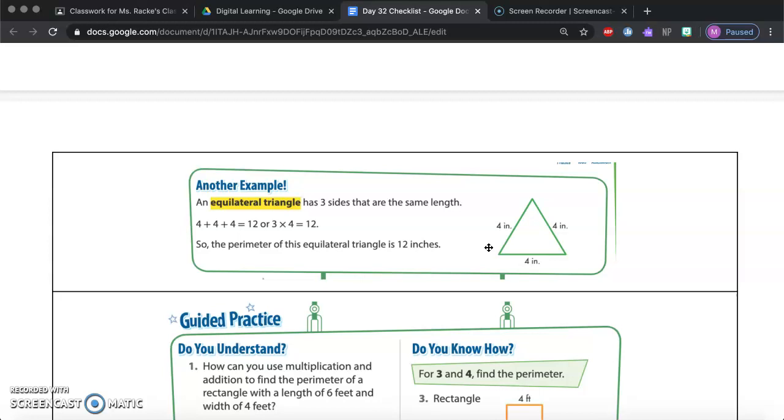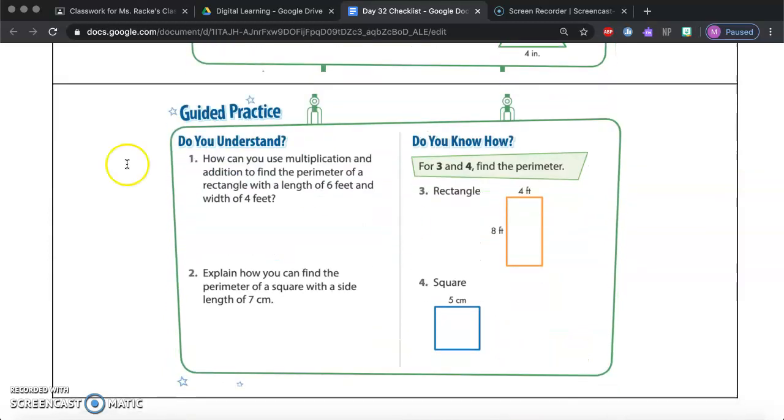Or we can say there are 3 sides that are 4 inches in length, 3 times 4 gives us 12. Either way, we're going to figure out that the perimeter of this equilateral triangle is 12 inches.